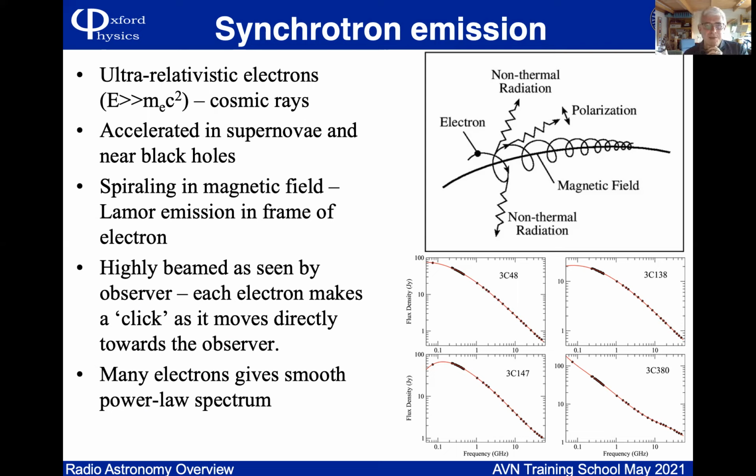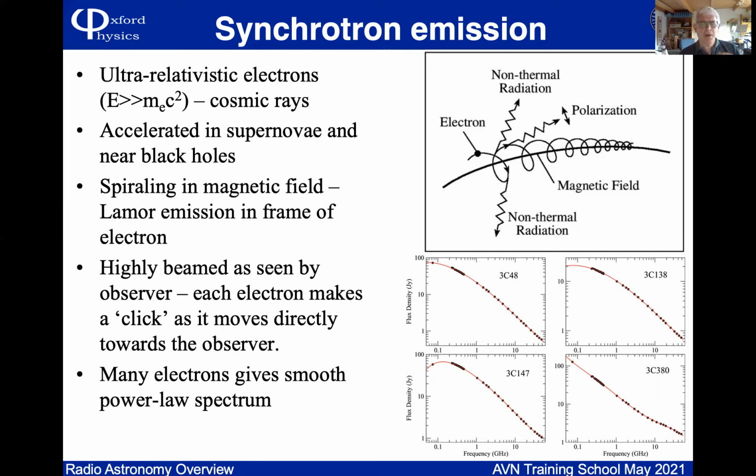So that means if you imagine watching an electron spiraling around a magnetic field, you won't see it emitting radiation unless it happens to be coming almost directly towards you, because the energy is beamed forwards. And then you get a very, very brief, essentially a click of radiation as the relativistically beamed radiation sweeps past you, and then it disappears again.